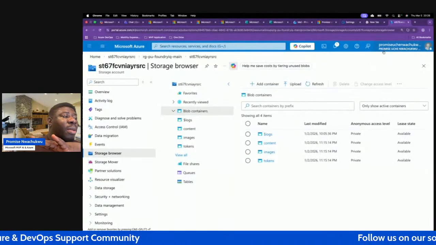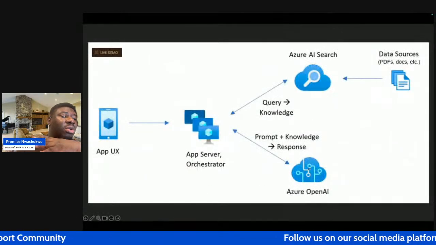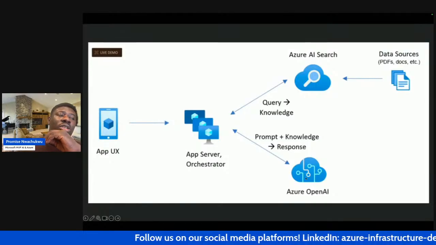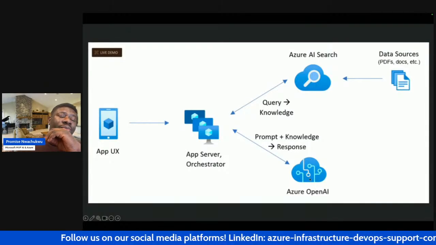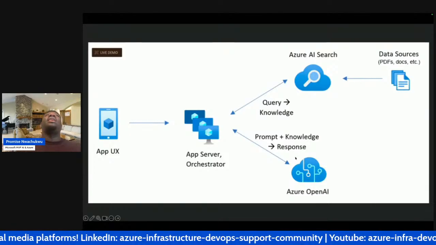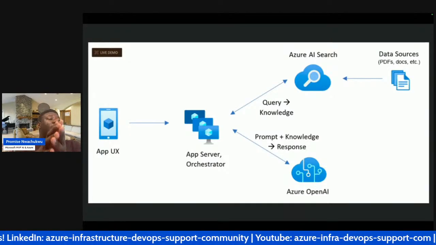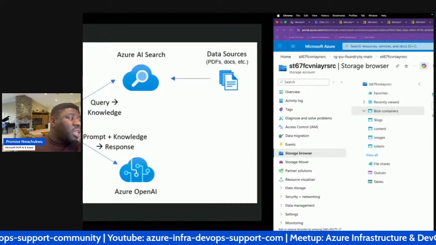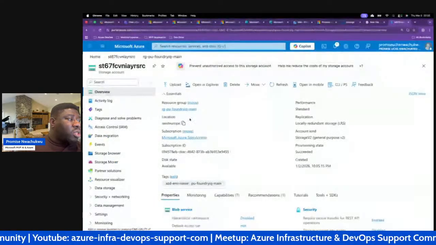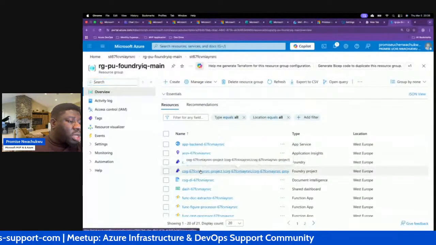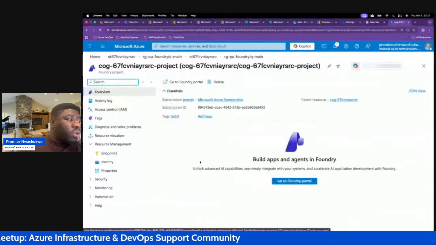But remember here that your AI search is connected to your Azure OpenAI, right? So this serves like an LLM, right? That's what you have here. So if you see here on the resource group, good. You see here on the resource group, right?